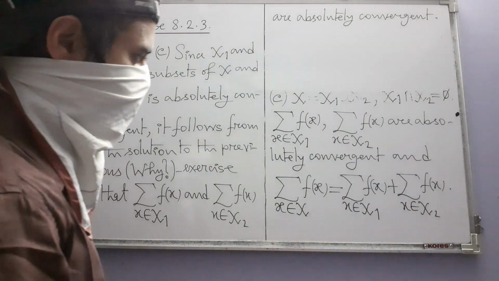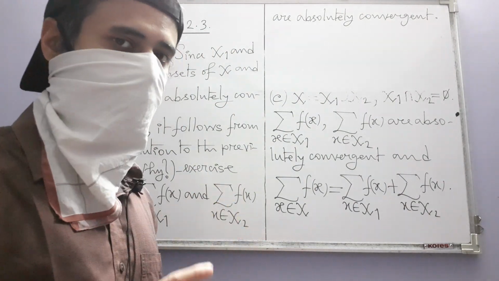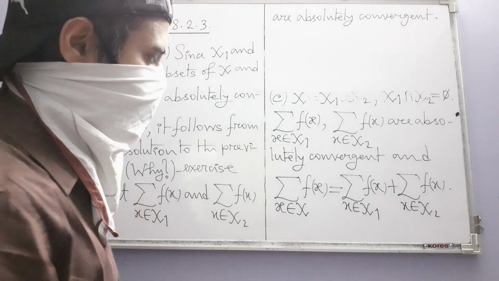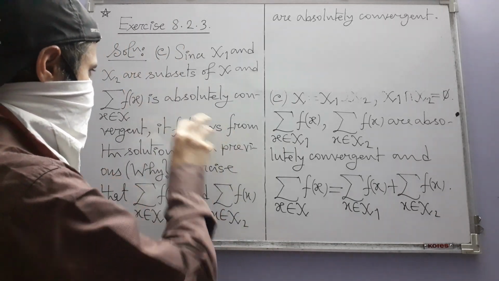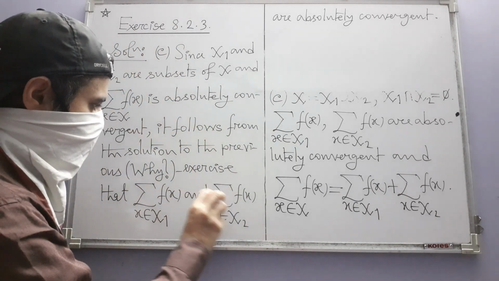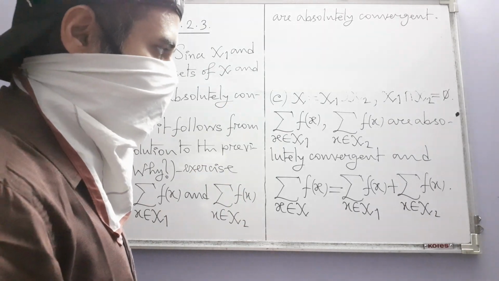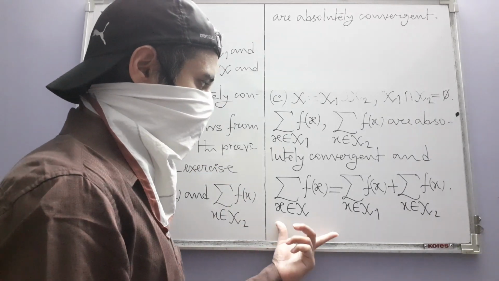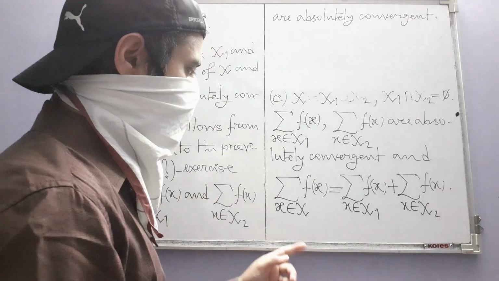Absolutely convergent. So that means now we have three absolutely convergent sums. This one, and this one. And we now want to prove that their values satisfy this equation.